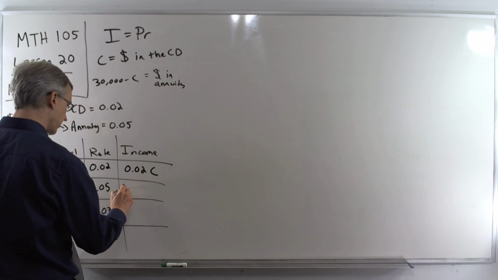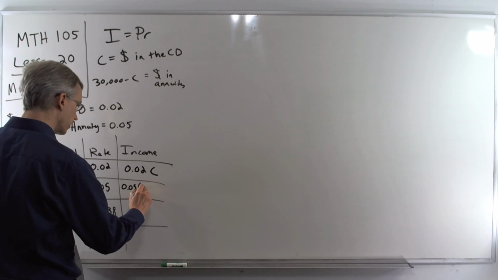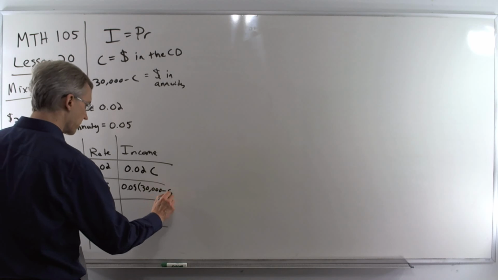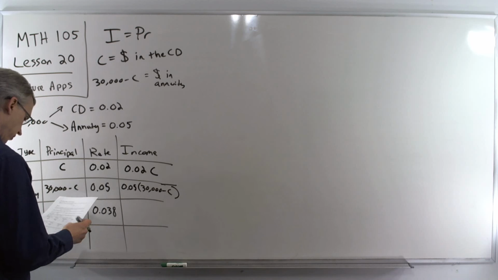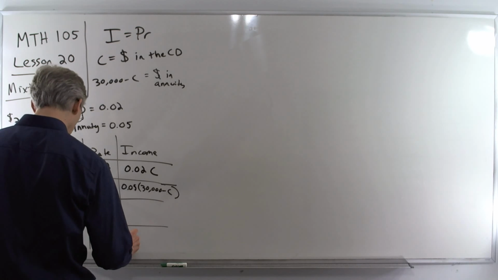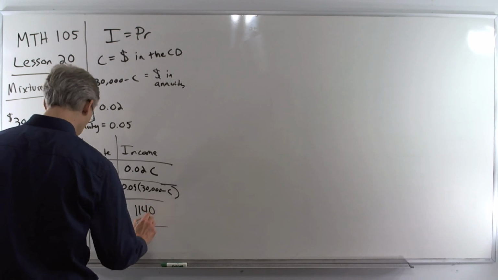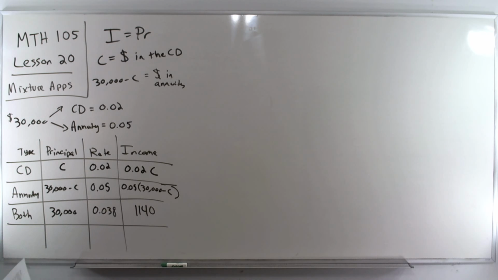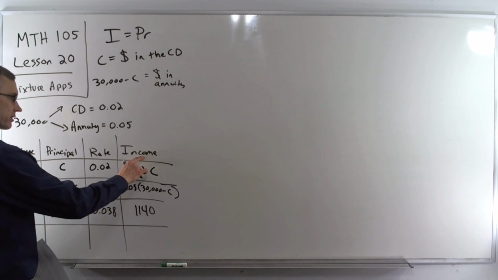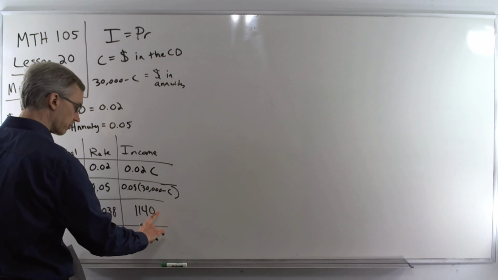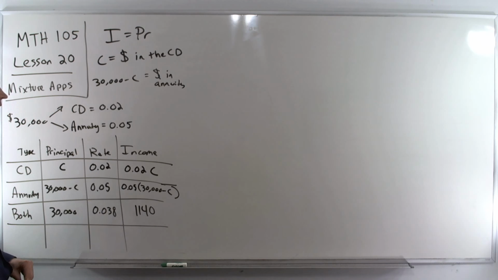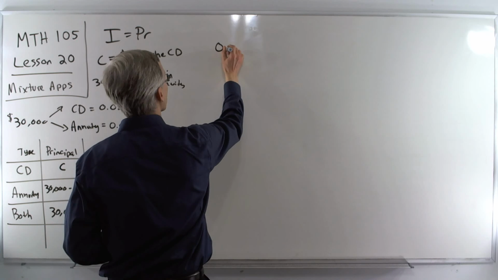And then for this one, we're going to distribute 0.05 into 30,000 minus C. And here we'll do 30,000 times 0.038, and that gives us 1140. And now we've filled up the last column. We can do exactly what we did before. All right, this is the income. So the income from the CD plus the income from the annuity equals the total income from both. And we can create an equation out of this.